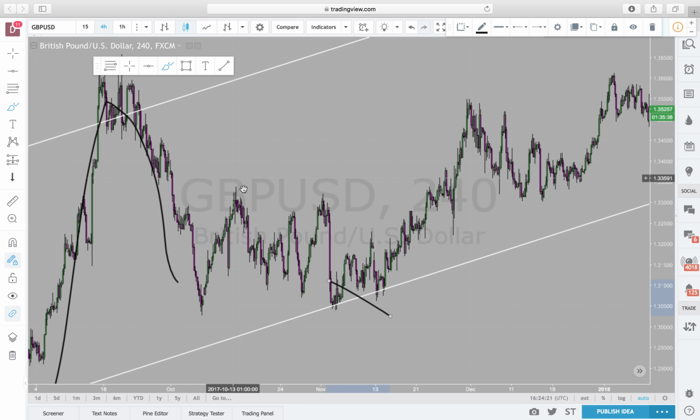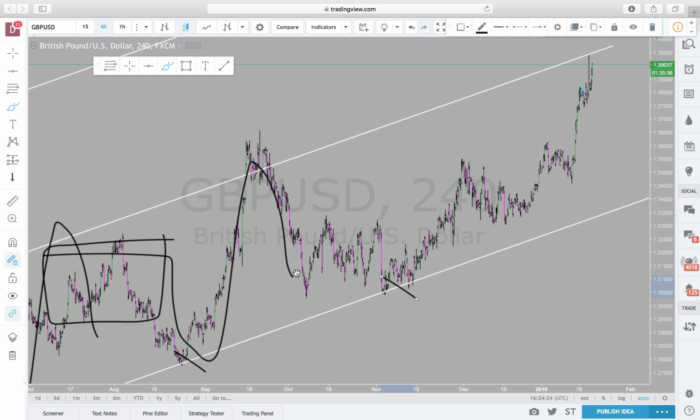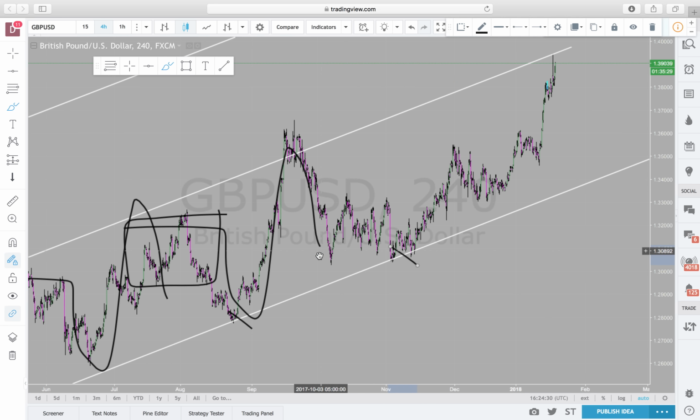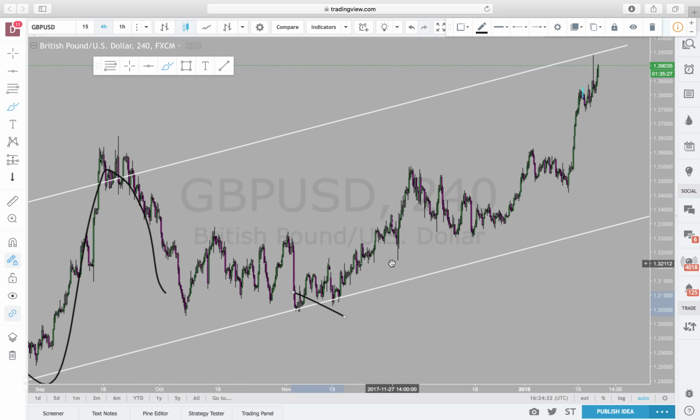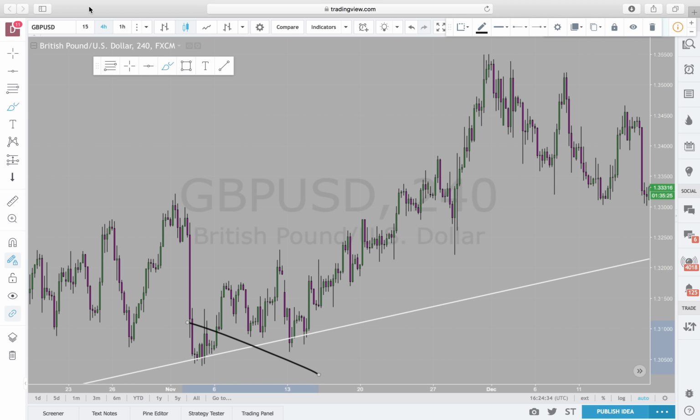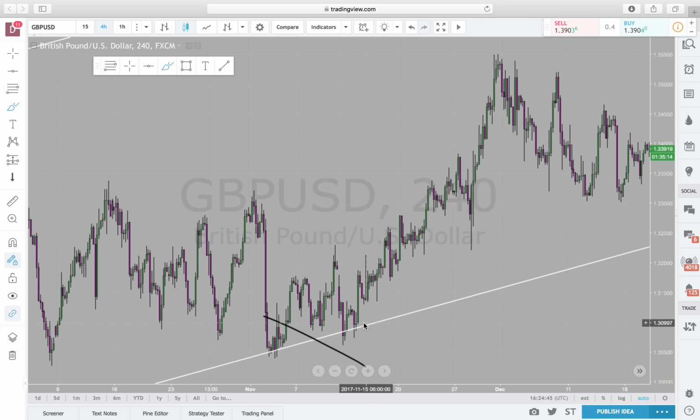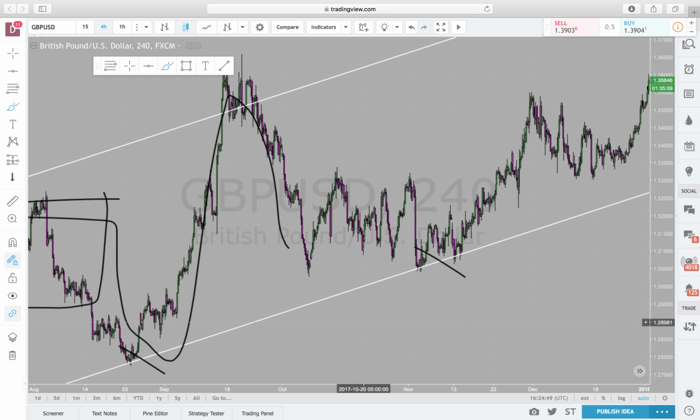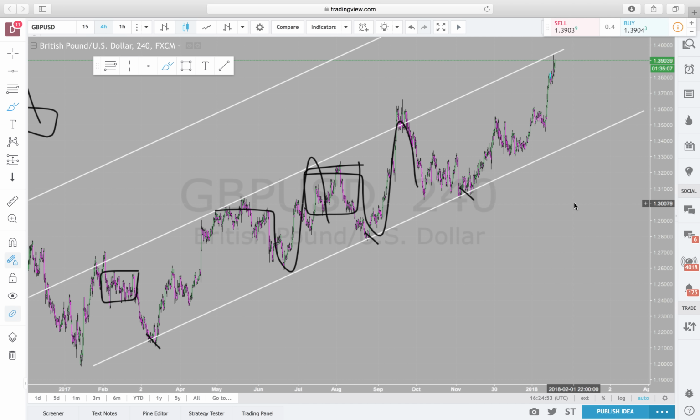And from what you've learned in our previous videos on M's and W's and whatnot, you can find the right place to enter. There's a bunch of places to enter just looking at the 4-hour chart. A nice W formation off of this trend line, or that macro W, just going with the trend. That's all we're doing, is going with the trend.